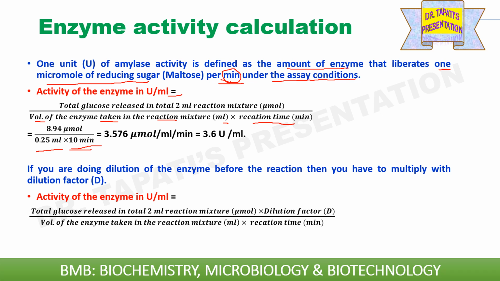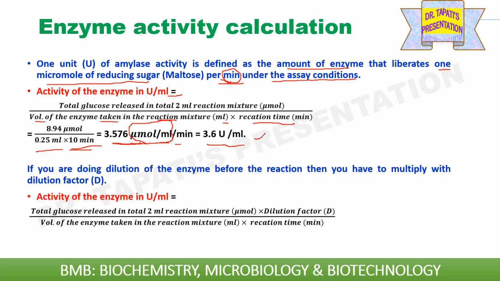If you calculate it properly, we will get 3.576 micromole per ml per minute, that is almost around 3.6 U per ml. Micromole per ml per minute means the unit, so the actual value is almost around 3.6 unit per ml.